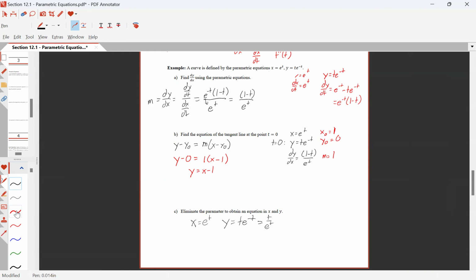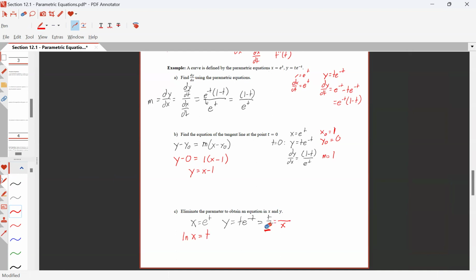We know this e^t down here is x, but the t in the numerator is also something we can find in terms of x by taking the natural log. The natural log of x is going to be equal to t.